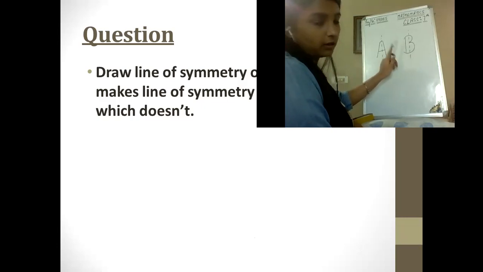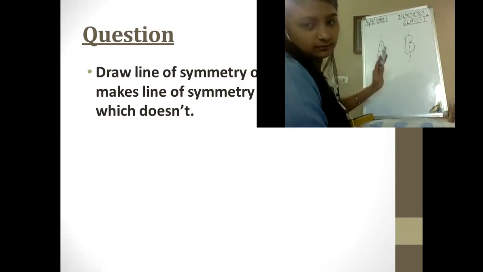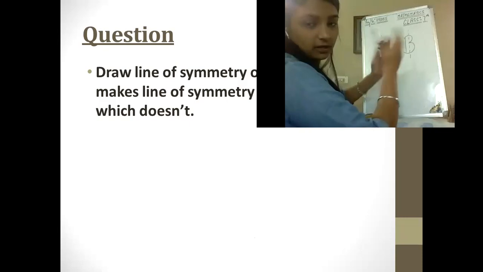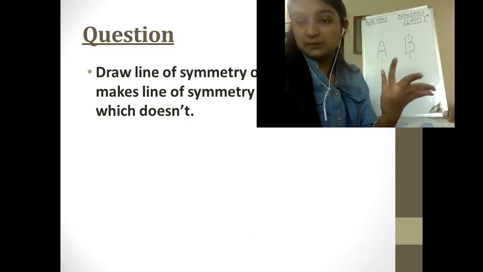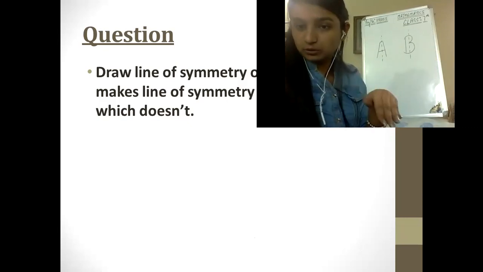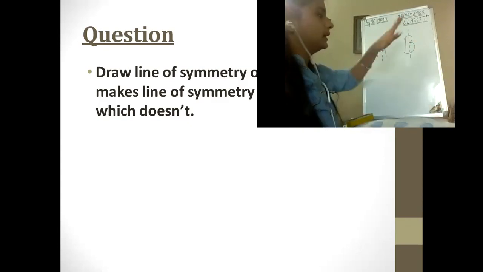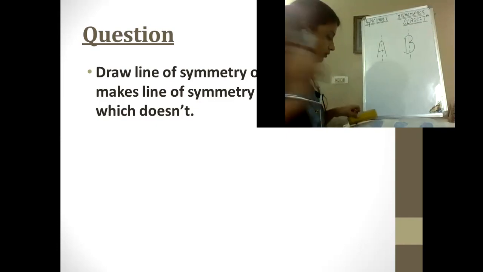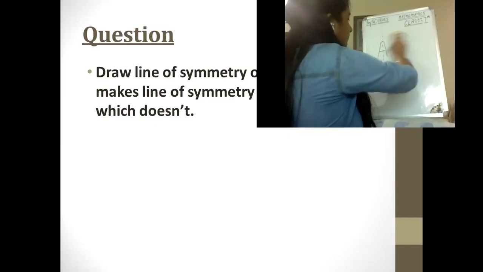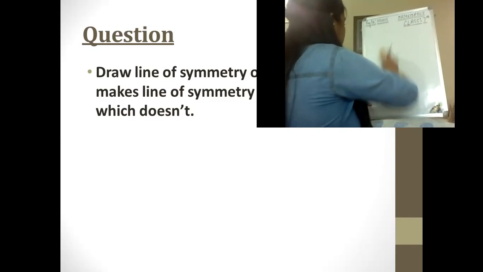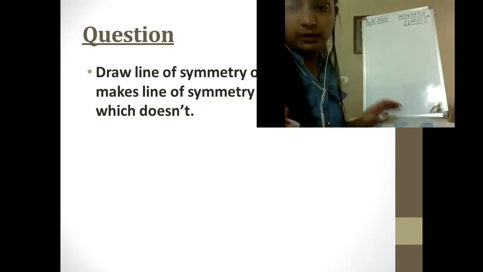Or are they not equal? They are not. If I fold B, would it make the same symmetry, like left hand side equal to right hand side? No. So we consider it as not making a line of symmetry. So these were two examples of line of symmetry in the case of alphabets which make a line of symmetry and which do not.